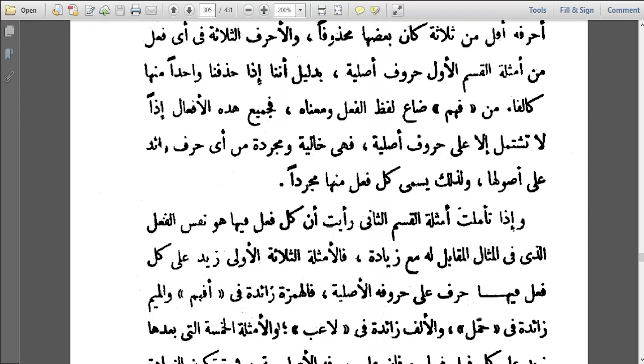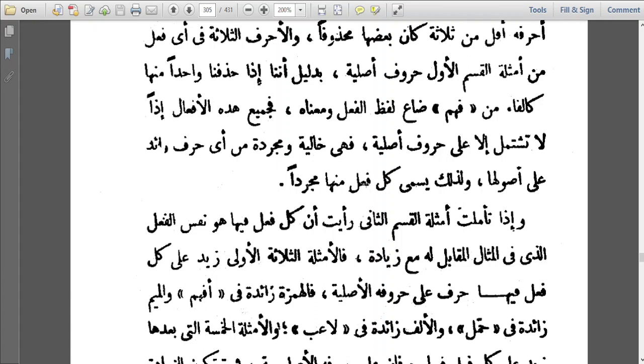So the first category, all the verbs there, are خالية بمعنى مجردة. When we say something is مجرد من شيء بمعنى خالية منه, it is devoid of it. All the three-lettered verbs in that category are devoid of any حرف زائد, any additional letter, على أصولها, on its radicals, on its root letters.